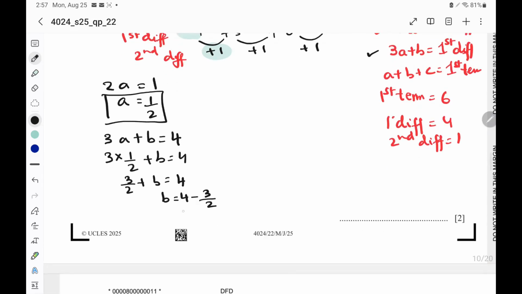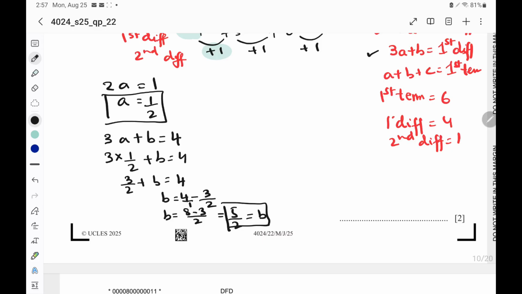Take the LCM. 4 twos are 8 minus 3 upon 2. I multiplied 4 by 2 in numerator and denominator so I have the same denominator. So that becomes 8 minus 3 is 5, 5 upon 2. So b is equal to 5 upon 2.